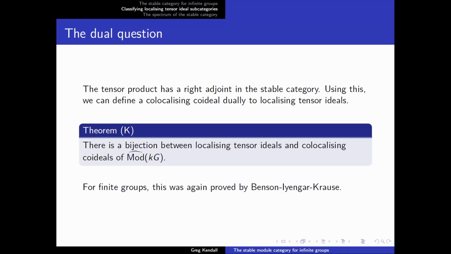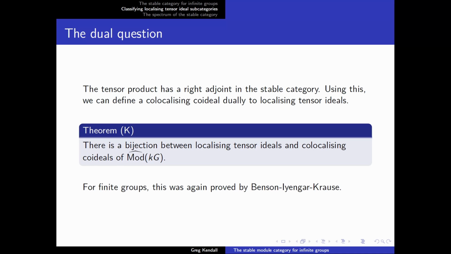Cool, so that's the first question about tensor triangulated categories, and the second one is the dual question. It's maybe not entirely clear from what I said, but the category has products, and the tensor product has a right adjoint, which is called the internal hom. So we can define a colocalizing coideal as something that's closed under products and closed under the internal hom.